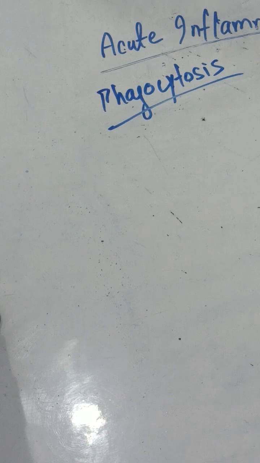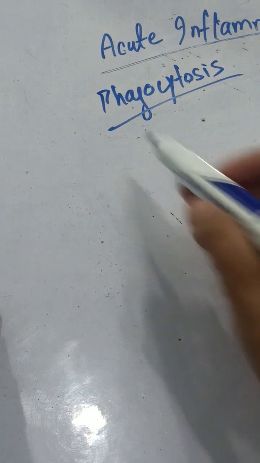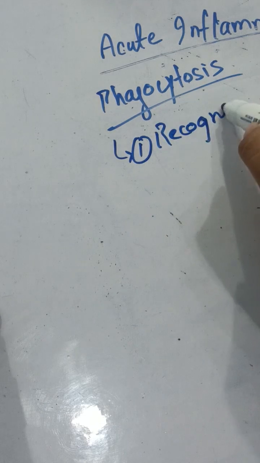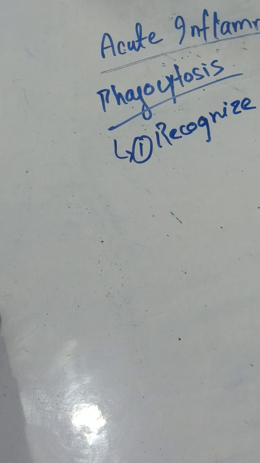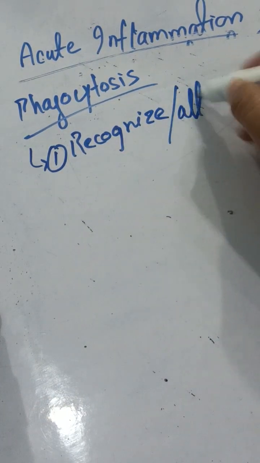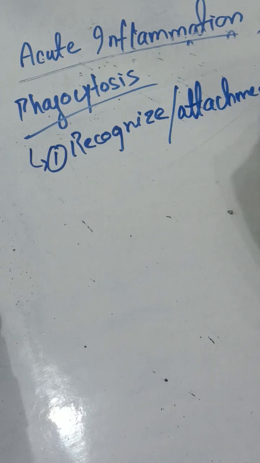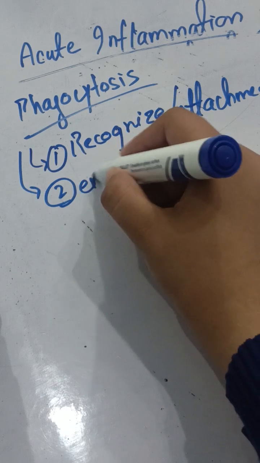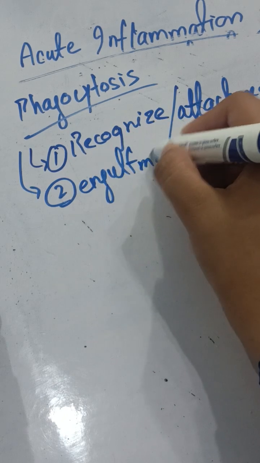Phagocytosis, you know, is cellular eating, so engulfing harmful particles, microbes, or dead cells to remove them from our body. Phagocytosis occurs in three steps. The first step is recognition: first of all we have to recognize a particular microbe, and then attach to it. So, recognition or attachment. The second step of phagocytosis is engulfment.